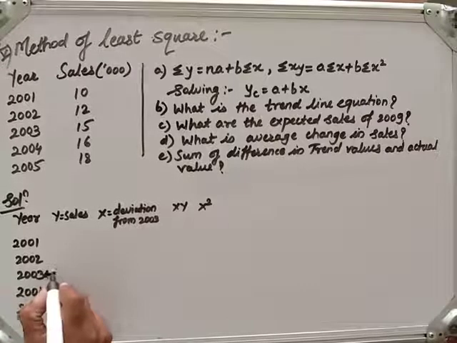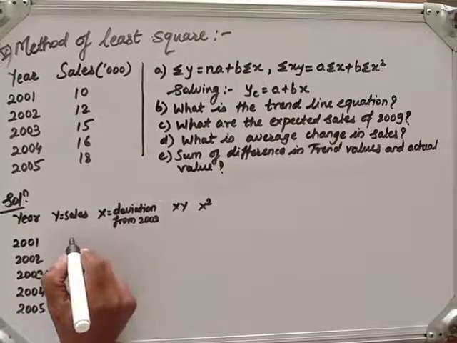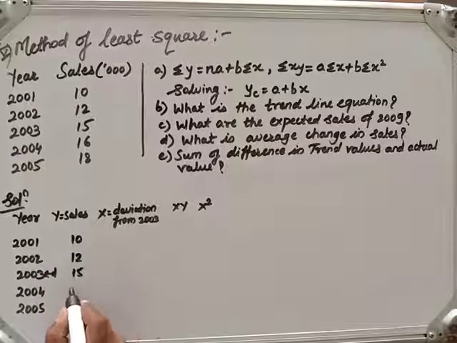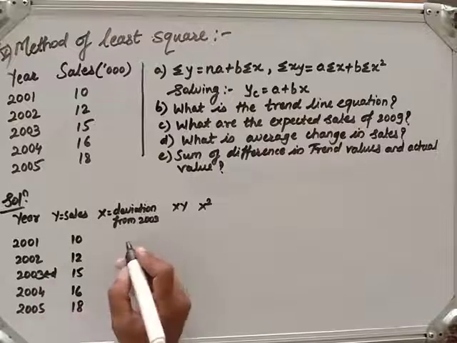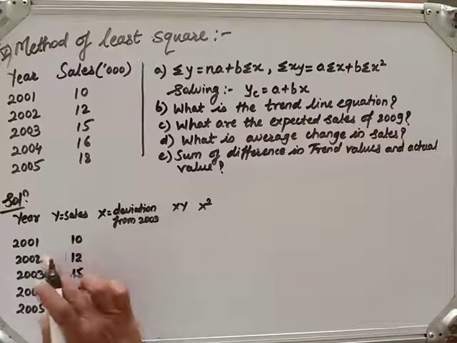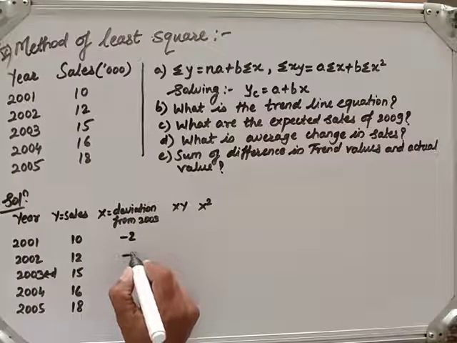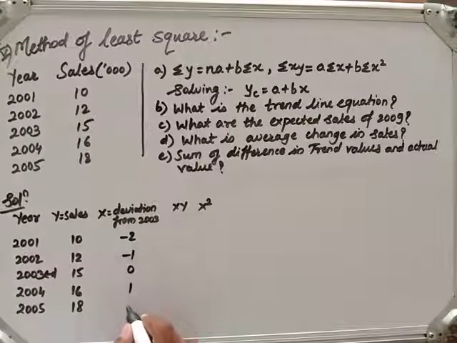This one we have taken as D. Sales are 10, 12, 15, 16 and 18. Deviations here: subtract 2003 from each one. So it is -2, -1, 0, 1 and 2.